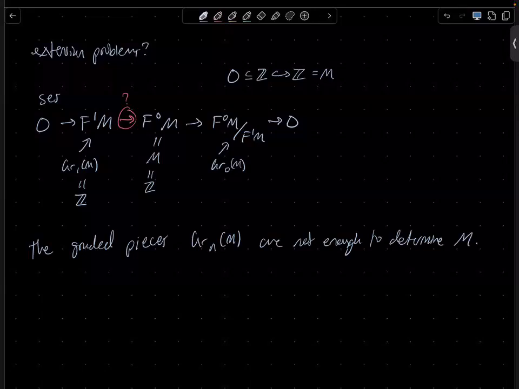But maybe there are some nice settings. If you're doing everything with vector spaces, every short exact sequence of vector spaces splits. That's great. So if you're doing everything over Z mod 2Z, or the reals or the complex numbers, not so bad. Maybe your R is not a field, but maybe you got lucky and your graded pieces gr^n M are free or projective or something.